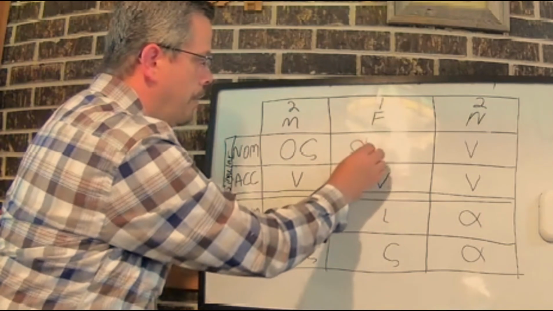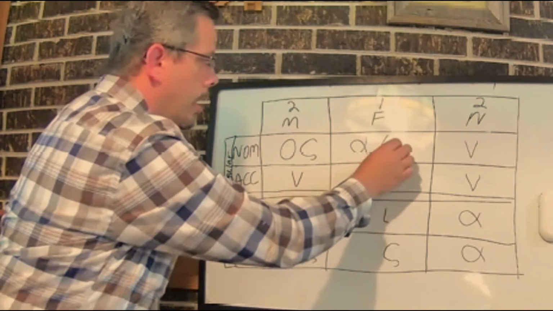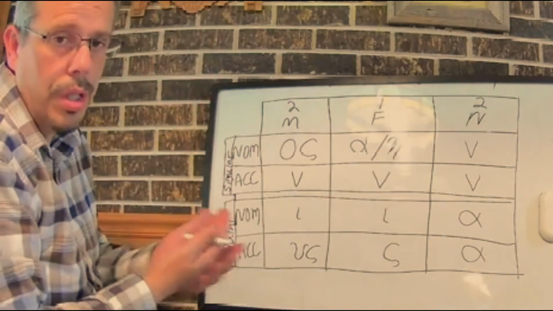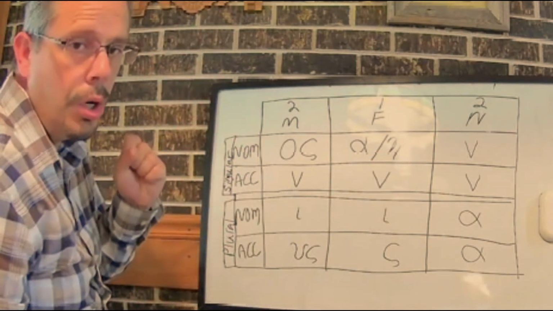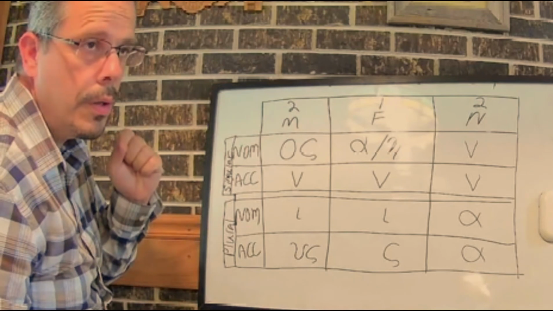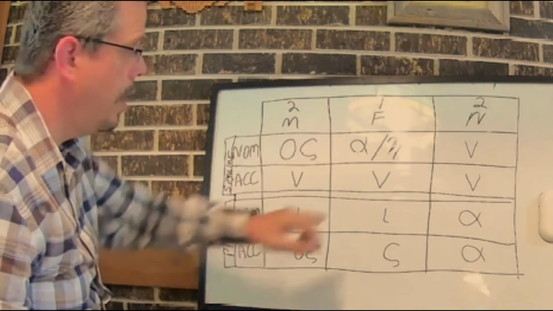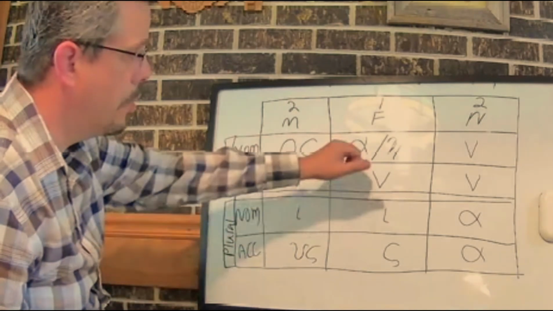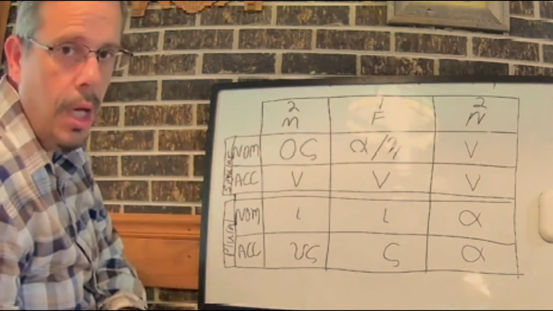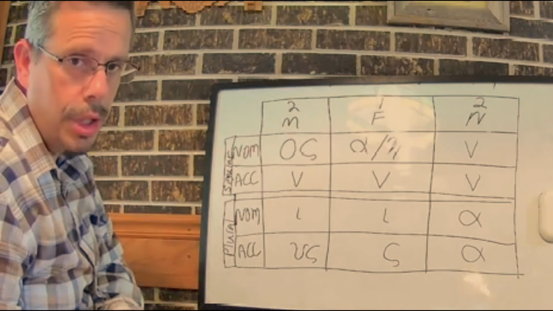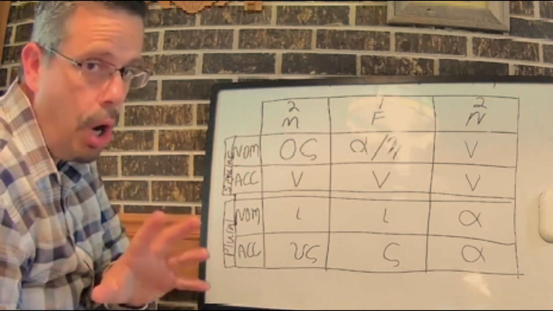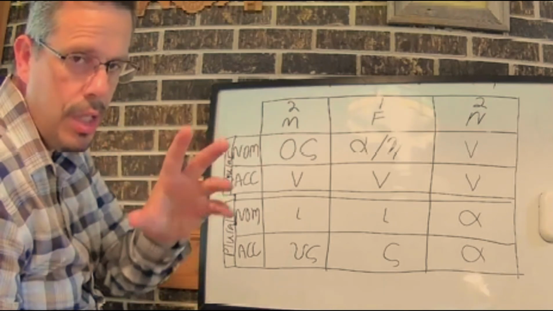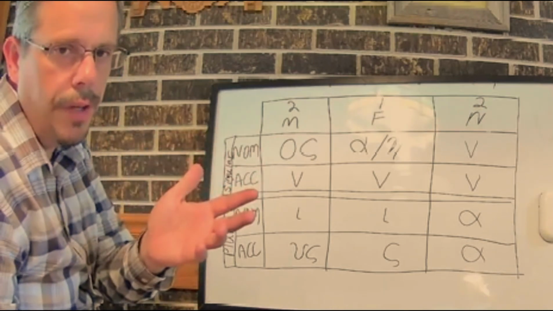So you've got an alpha or an eta. And it's just different words. Different words like graphe ends with an eta. Hora ends with an alpha. It's just different words in the first declension. Some are alpha, some are eta, but they're always what they are. When you learn them as vocabulary, if it ends in an alpha, then it's always an alpha in the singular.